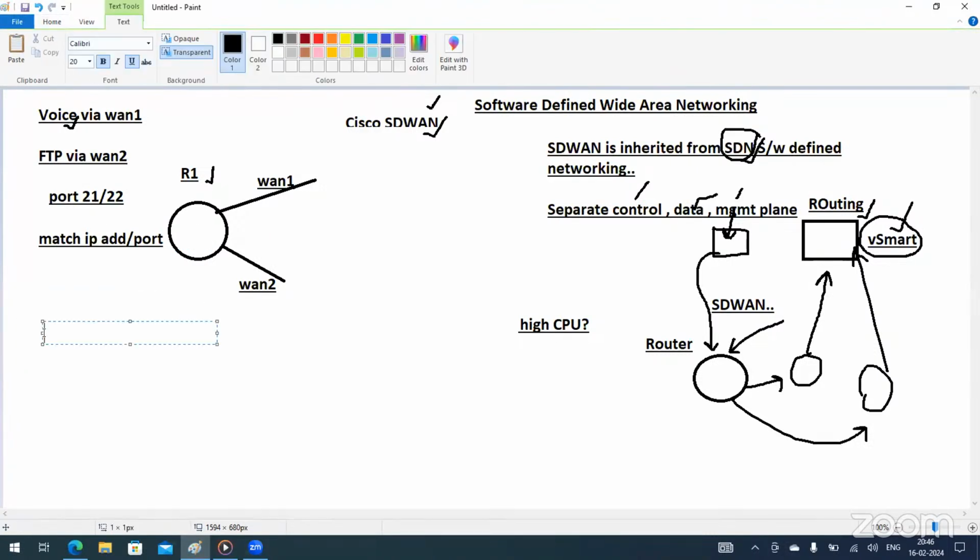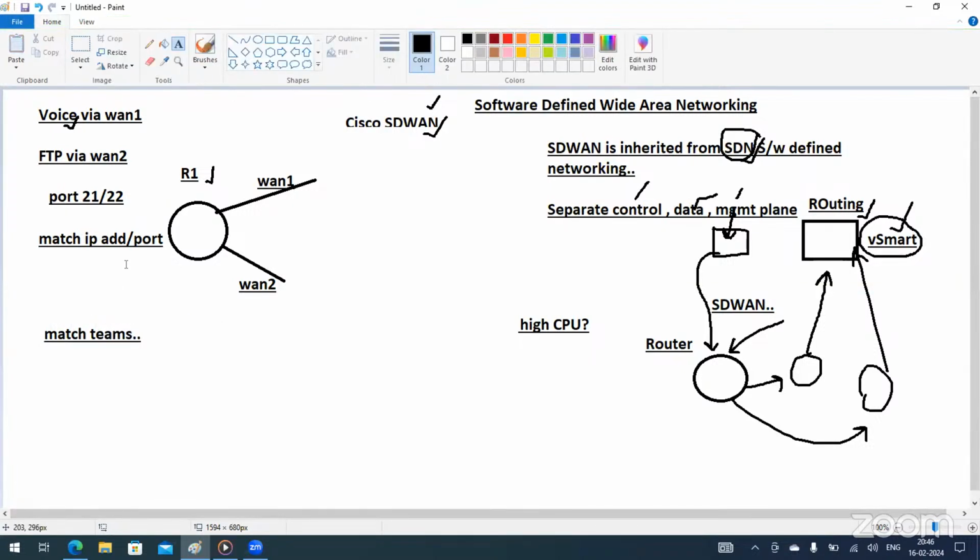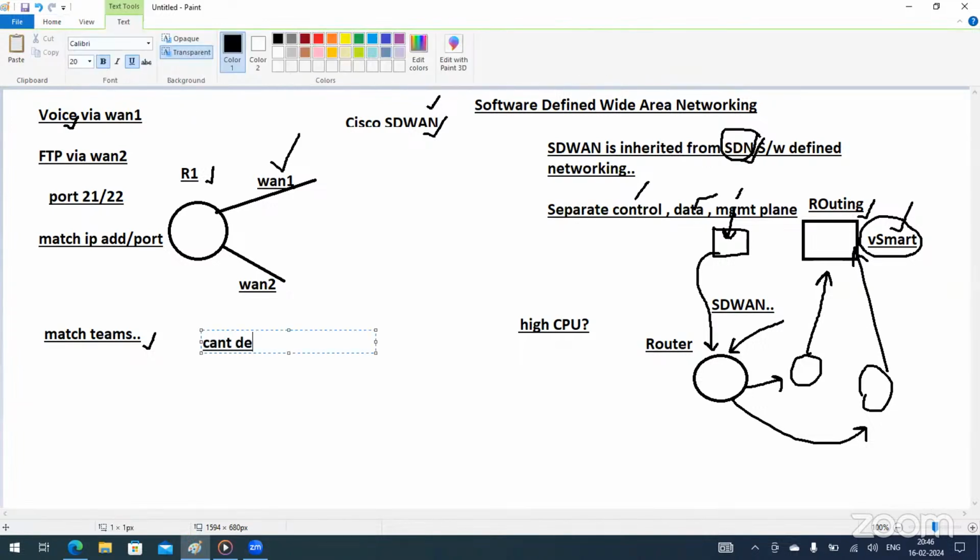Is there a way on a router to define an access list to match Teams traffic? No, right? With SD-WAN, we can define a condition to say that Teams traffic should pass via the WAN 1 link as the primary path. In traditional networking, we cannot define the traffic based on application.